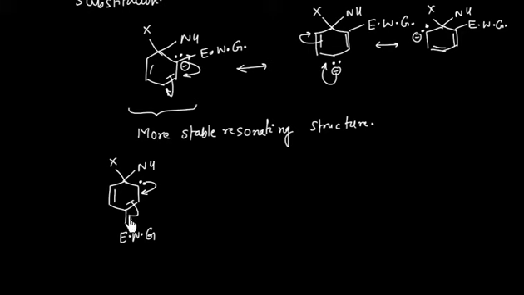This goes here and this goes here. So there is a negative charge on this carbon. We can show this negative charge here. Another resonating structure we will have. This goes here and this goes here.